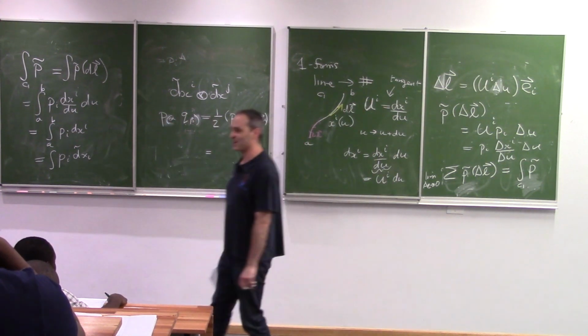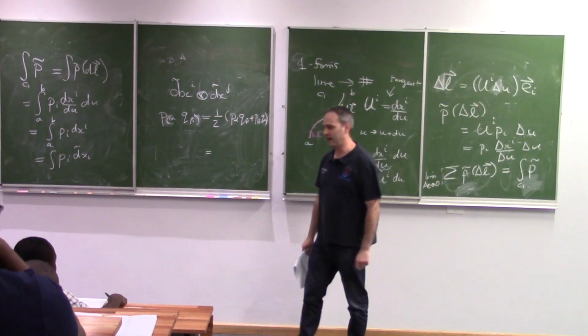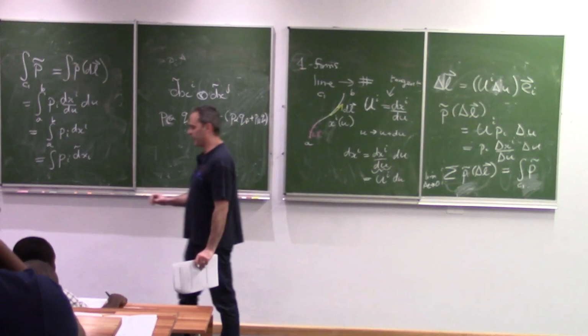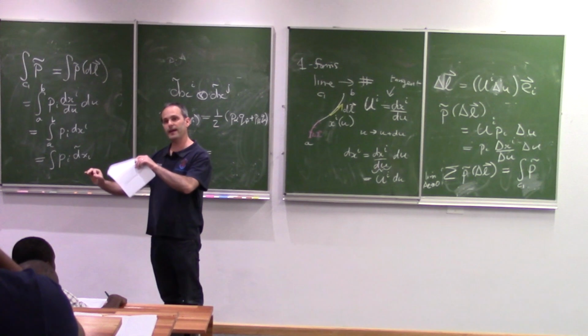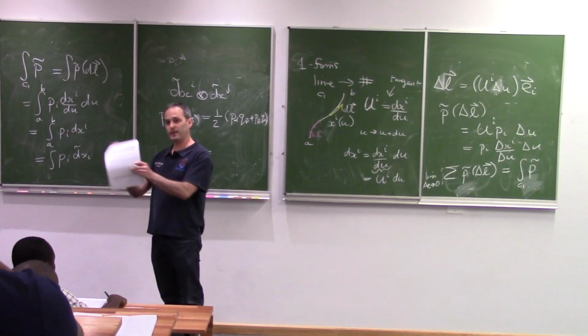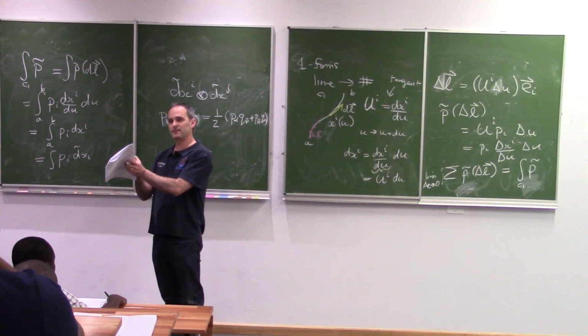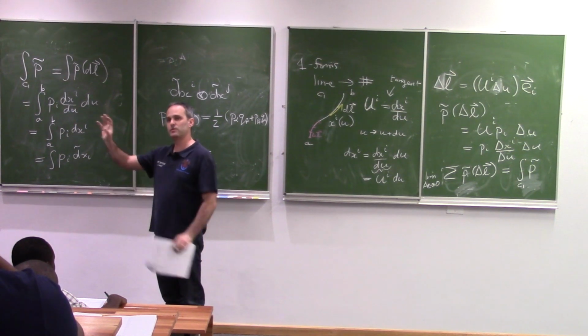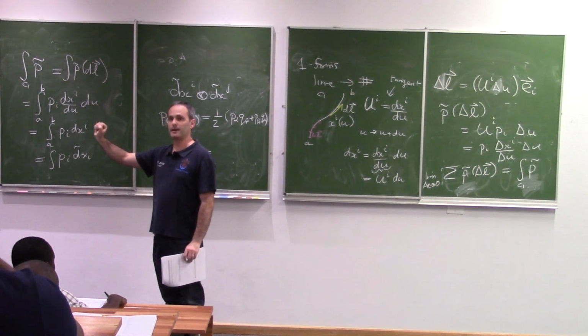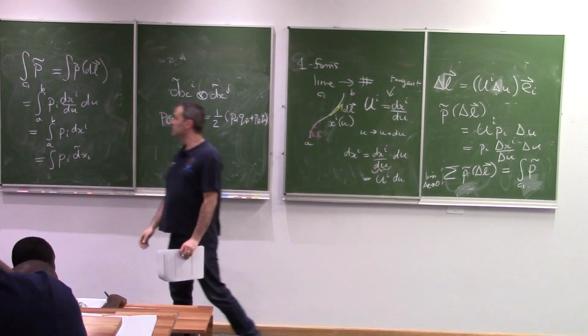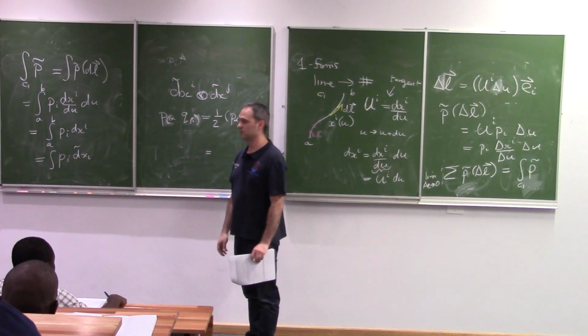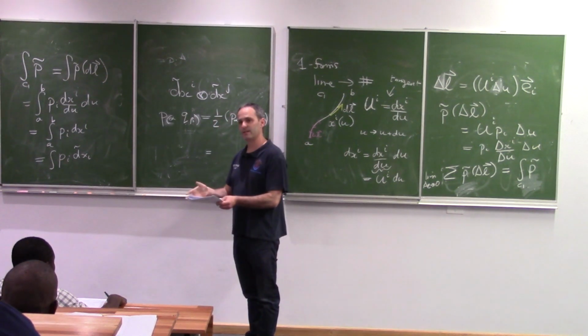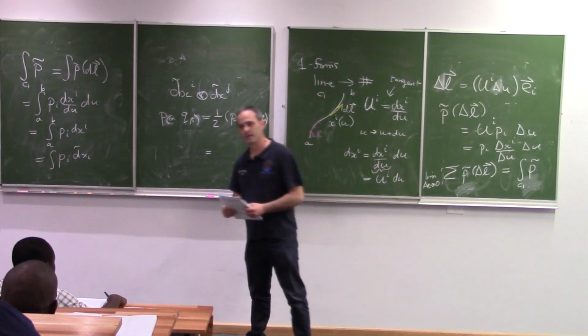anticipated the next section, which is 2 forms. So that'll show you how to take an infinitesimal area element, which we can think of as the cross product of 2 vectors, and act on that with the 2 form. That's going to give us a number, and we'll see how we can use 2 forms to map an area to a number. So the one form doesn't do that.